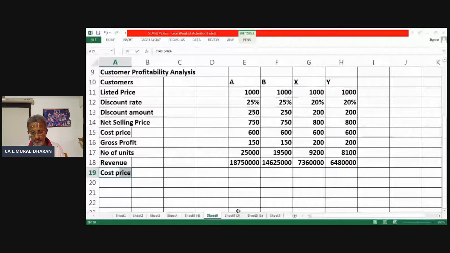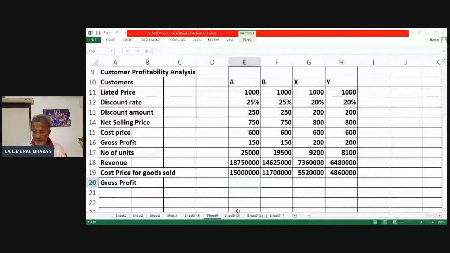Cost price for goods sold, 23,000 multiplied by 600. Gross profit. This is the gross profit we have got.